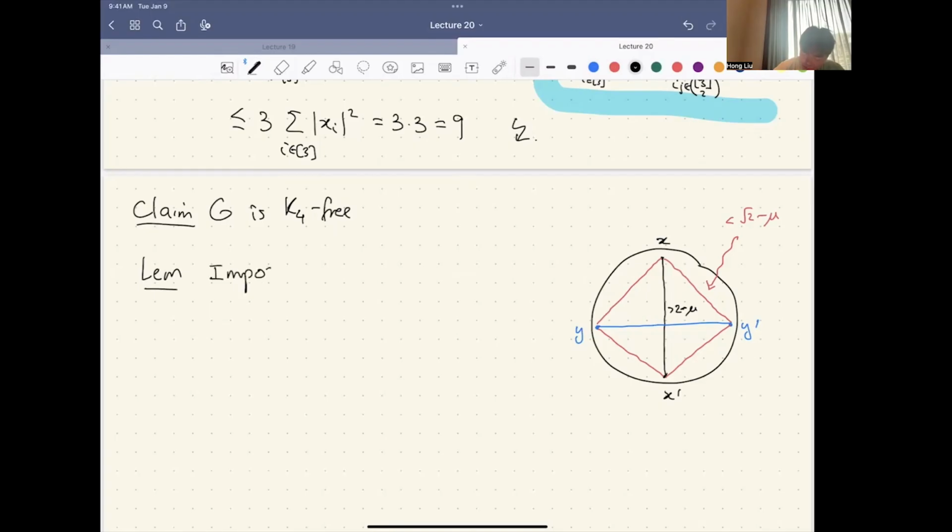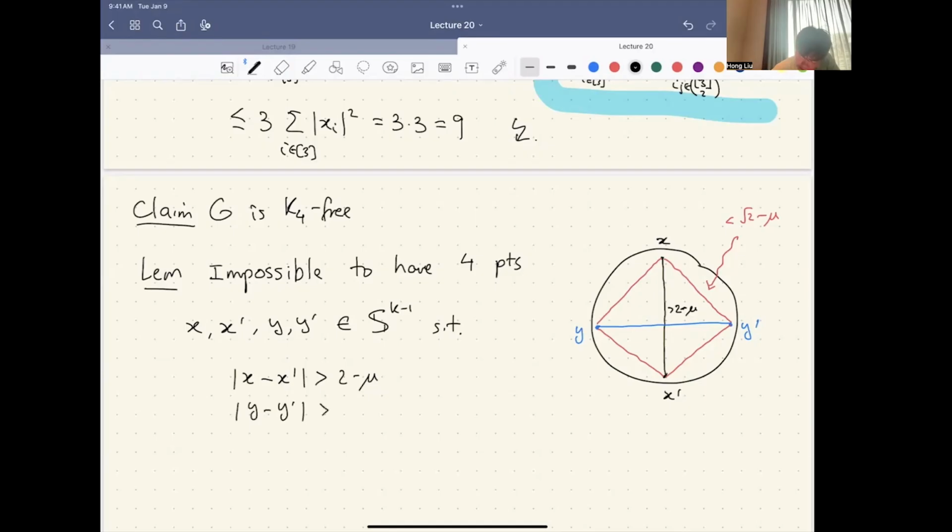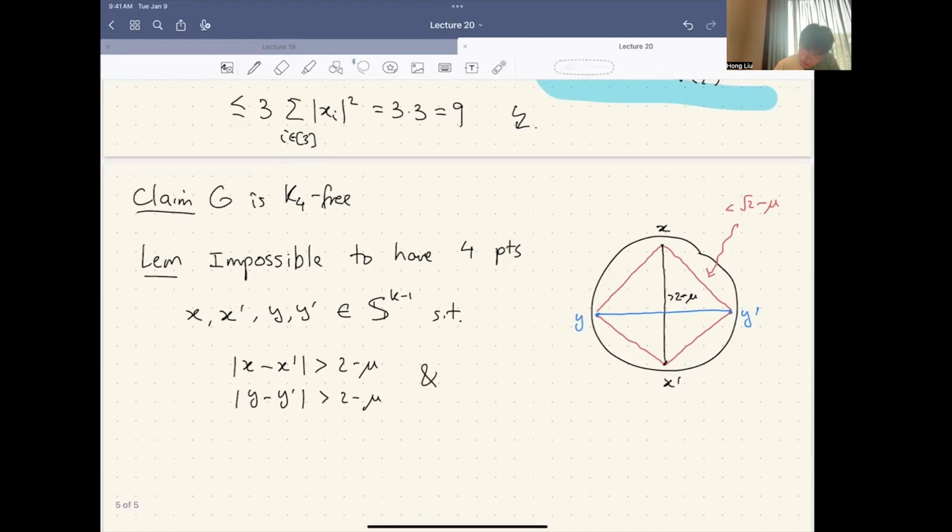It is impossible to have 4 points x, x prime, y, y prime on a high dimensional sphere such that you have this relation: x minus x prime bigger than 2 minus mu, y minus y prime bigger than 2 minus mu, and these are the inner edges.